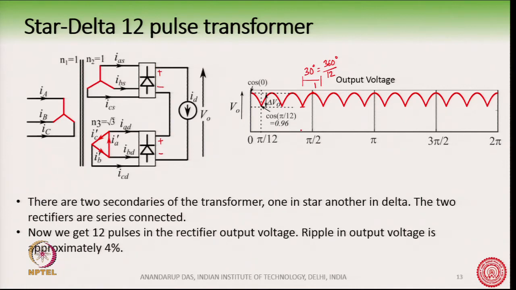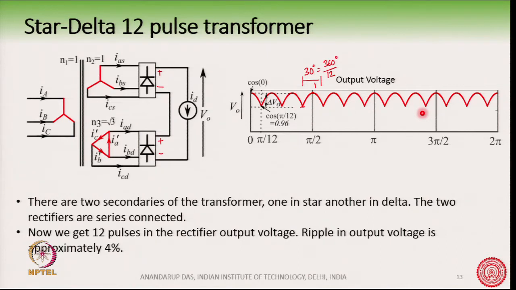So, the ripple in the output voltage is now only about 4%. Earlier we had seen that the ripple in the output voltage was about 14%. The 12 pulse rectifiers were used in earlier days, and even today they are used, because they give a substantial improvement in the output voltage ripple.